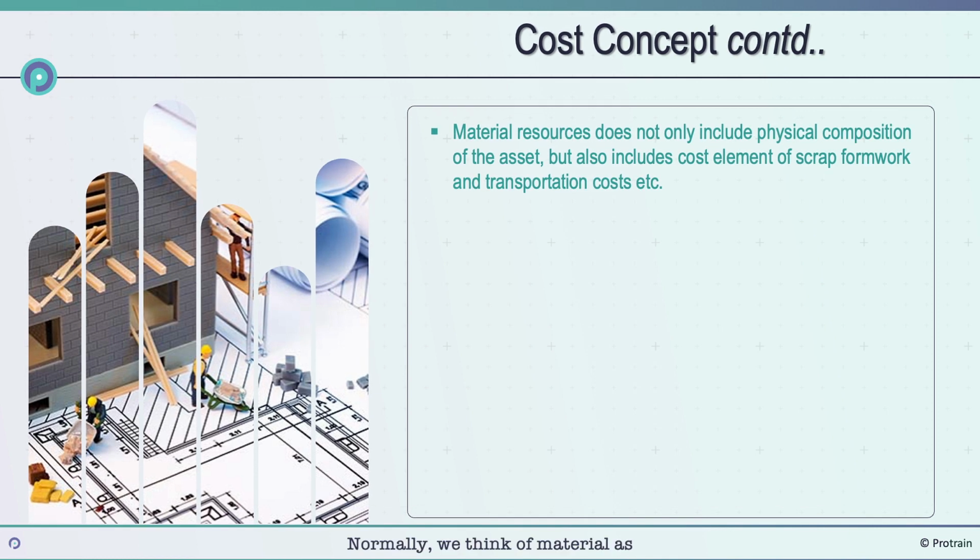Normally, we think of material as the physical composition of the asset. However, the value of the asset may also include the cost elements of scrap material or manufacturing spares, construction formwork, and expendable safety items, and the cost of transporting the material to the worksite, etc. In the same way, we often think of labor as the value of the work needed to complete the activity or asset, i.e., the worker's labor in painting the building or soldering an electrical contact.